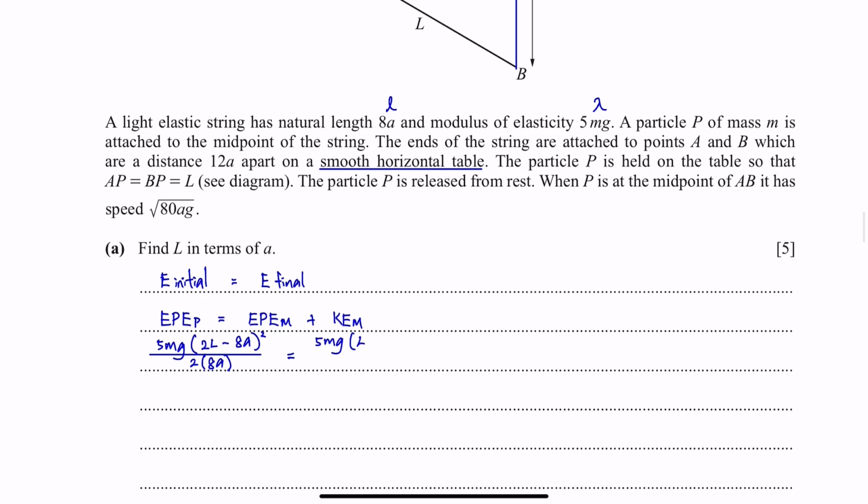So we have (4a) squared over 2 times 8a. And kinetic energy would be half times mass, which is m, times v squared, which is root 80ag squared.